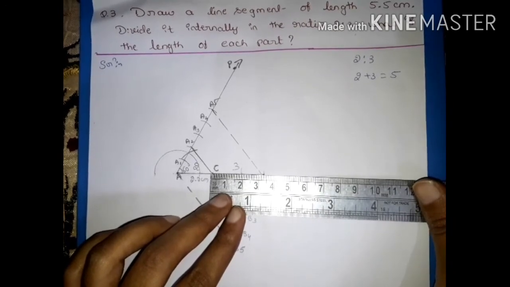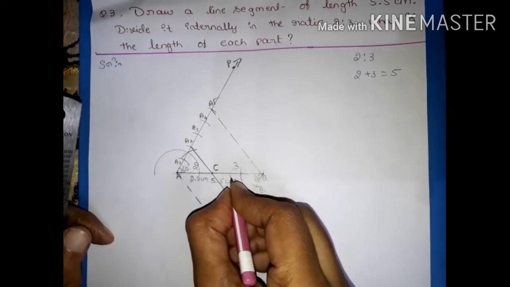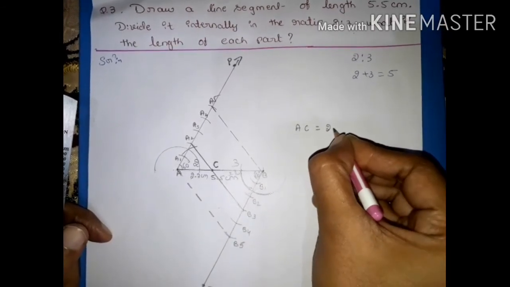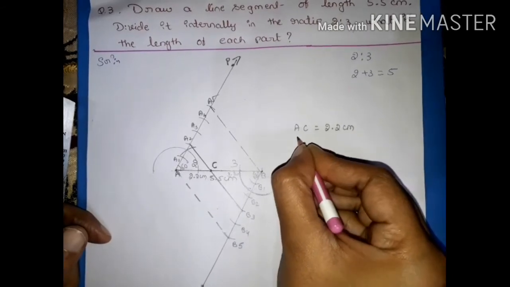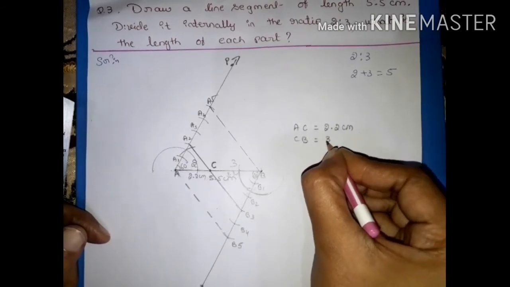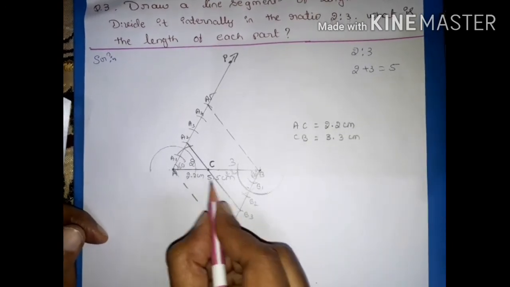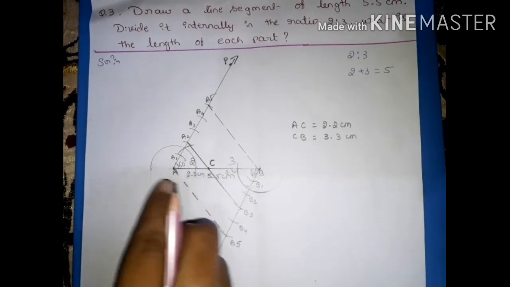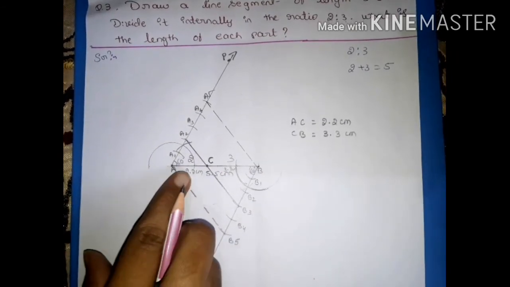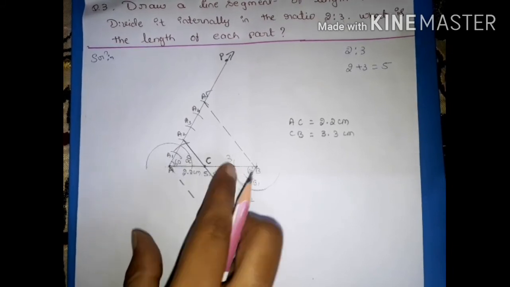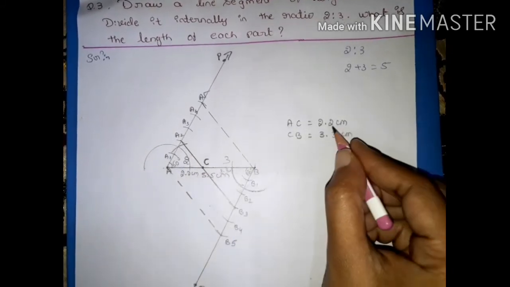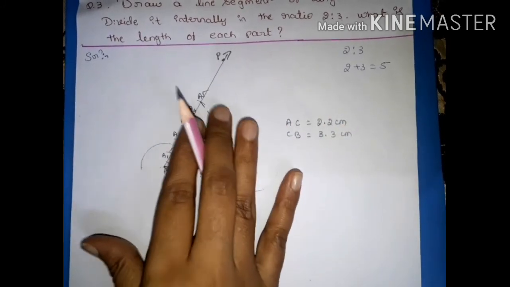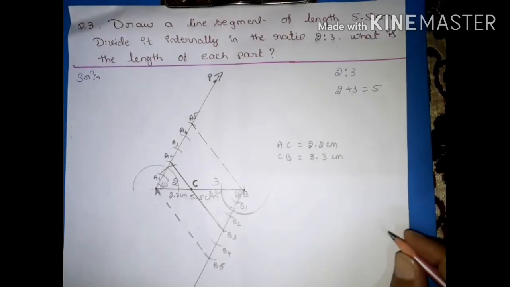CB measures 3.3 centimeter. Total 5.5 centimeter, you will get the AB line segment. So you divided the given line segment AB into the 2:3 ratio, and the measurement of each part is 2.2 centimeter and 3.3 centimeter. So this completes question number 3 from worksheet 3.